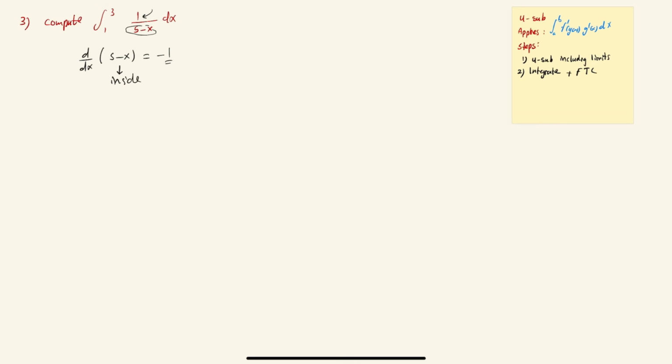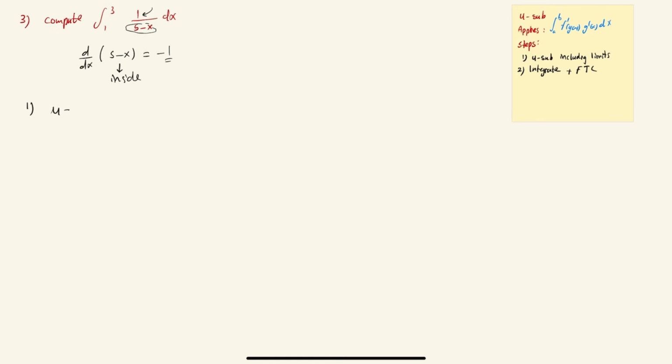Therefore, substitution applies. The inside function in the first step is u equal to 5 minus x. du is going to be equal to minus 1 dx. Now we only have 1 dx, so I'm going to move the minus sign to the other side.